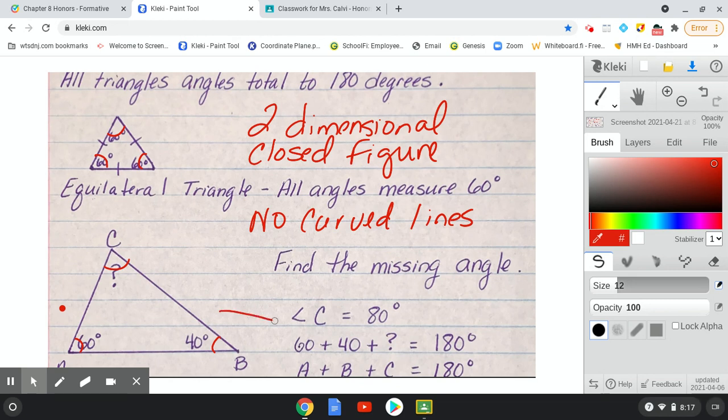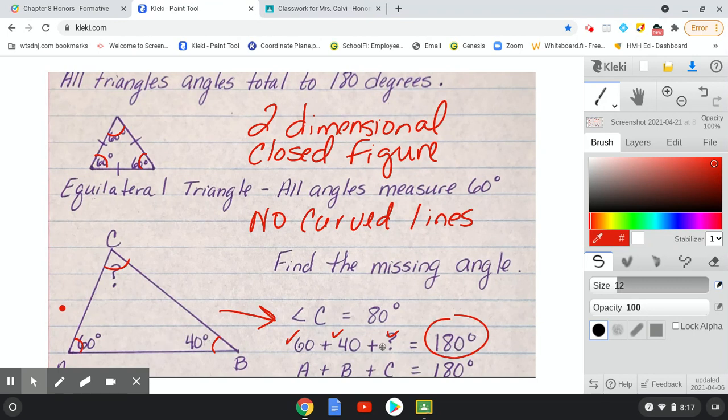So I have 60 degrees as my angle A, plus my angle B of 40 degrees, and I need to add something that will total 180 degrees, because I know that the three interior angles of all triangles must total 180 degrees.